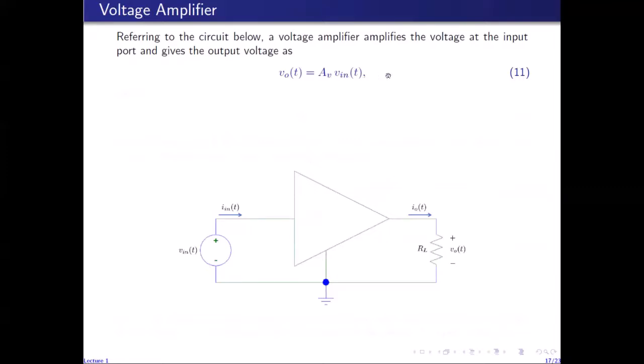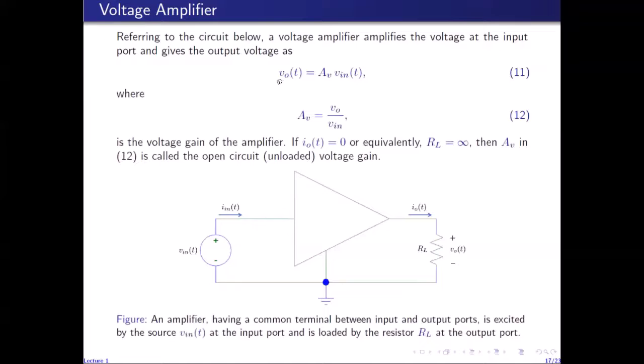A voltage amplifier is supposed to amplify the voltage at the input to give the amplified voltage at the output through this relation. The voltage amplifier amplifies the input voltage, which appears then as the output voltage, where the amplification factor or the voltage gain is given by the ratio of the output voltage to the input voltage.